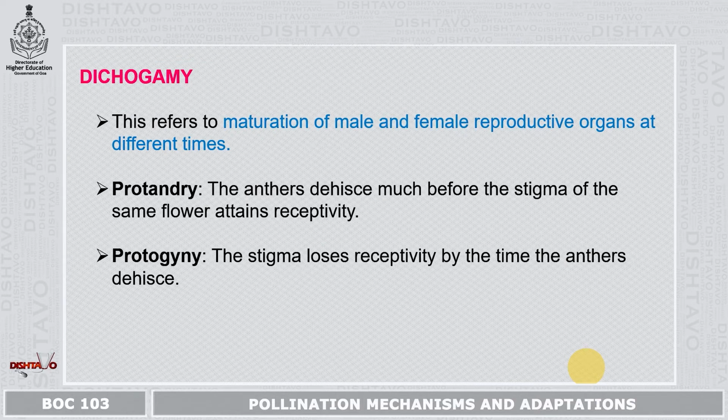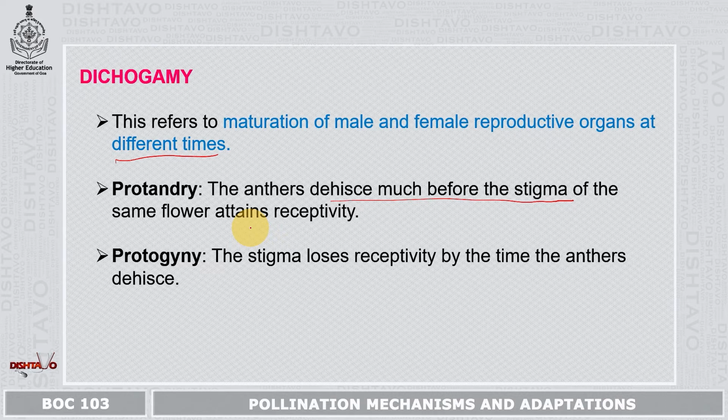Next is dichogamy. This refers to maturation of male and female reproductive organs at different times. In this case, there is protandry, which means the anthers dehisce much before the stigma of the same flower attains receptivity.